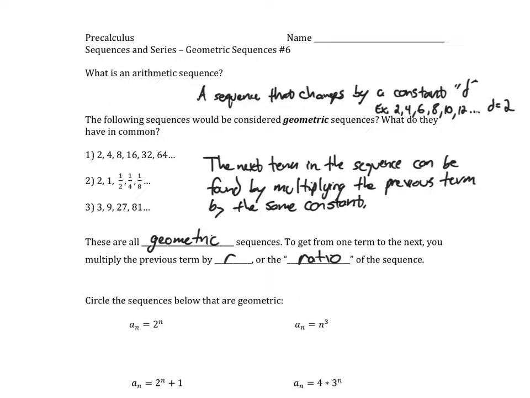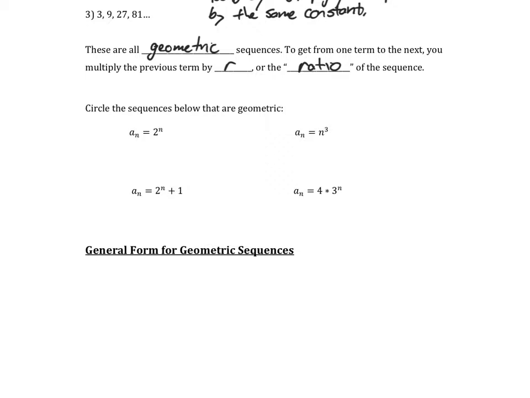Okay, so under arithmetic we had d, which stood for difference between them. When we talk about geometric sequences, those are going to be referred to as r, or what the ratio is. What are we multiplying each one by? So much like we did before, let's take a look at maybe some example sequences and see if they are geometric, or if they're arithmetic, or if they're something different.